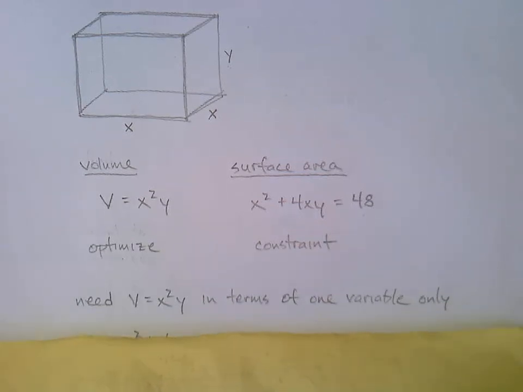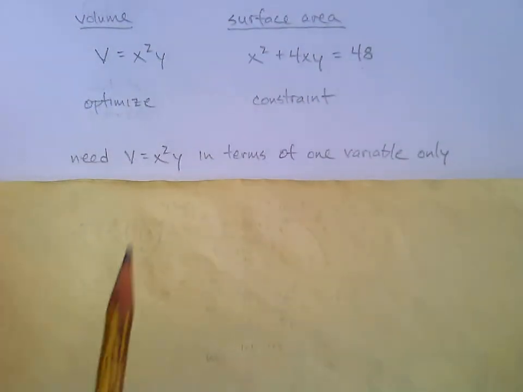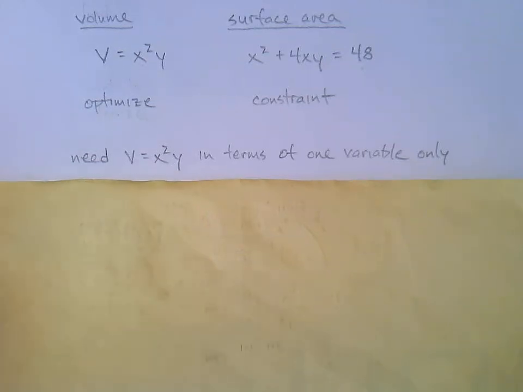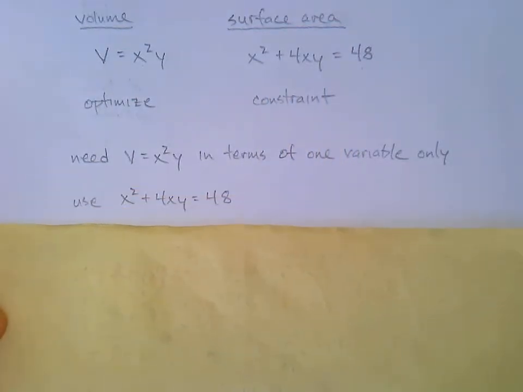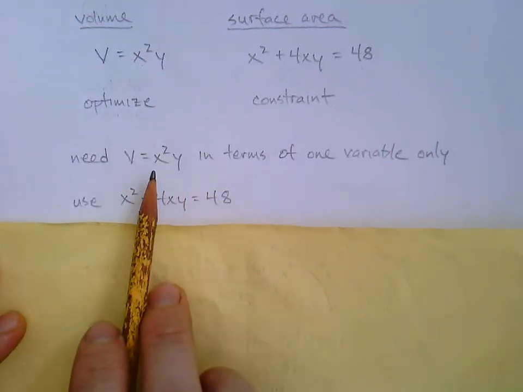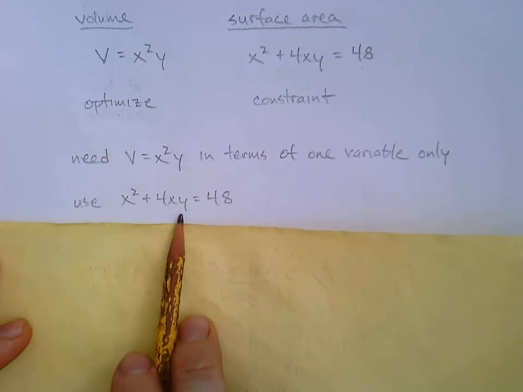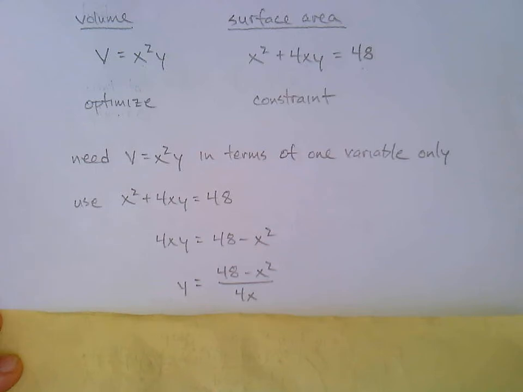Okay. The way this one is set up, it's going to be easier to get this in terms of x. How are we going to do that? We're going to use the constraint. You always leverage the constraint to get what you're trying to optimize in terms of the one variable. How? Let's solve for y. Let's subtract x squared. Let's divide by 4x. And we know how x and y are related.